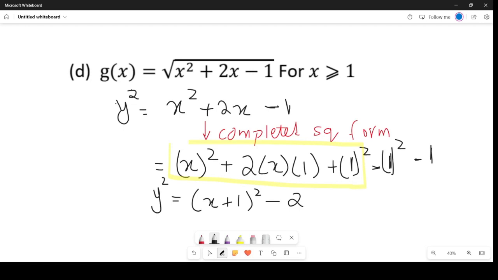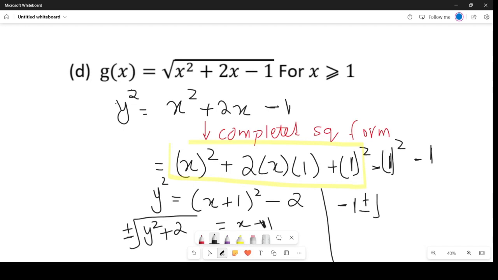Yep. Bring minus 2 to the other side, y squared plus 2. Square root both sides, so you get plus minus. And you have x plus 1 here. Move plus 1 to the other side, it becomes minus 1. So I'm writing minus 1 plus minus square root of x squared plus 2 equals x.